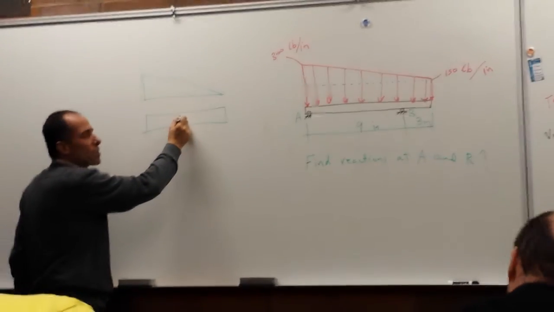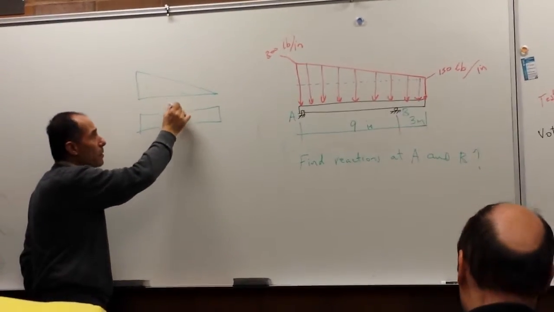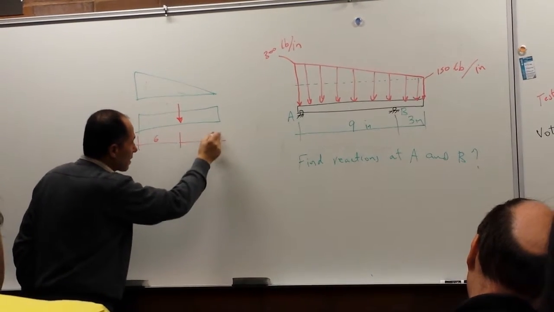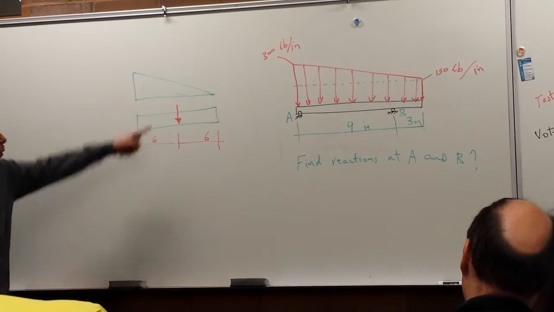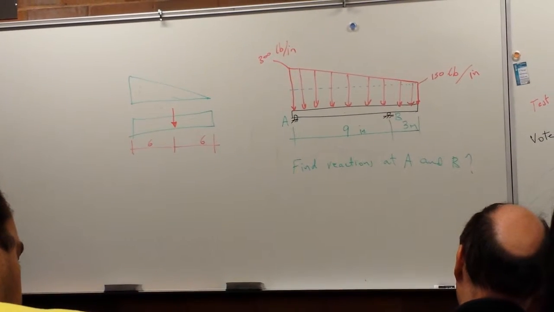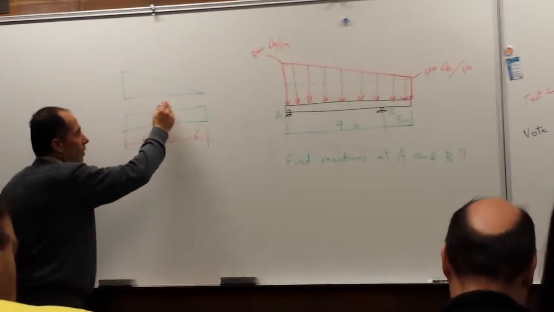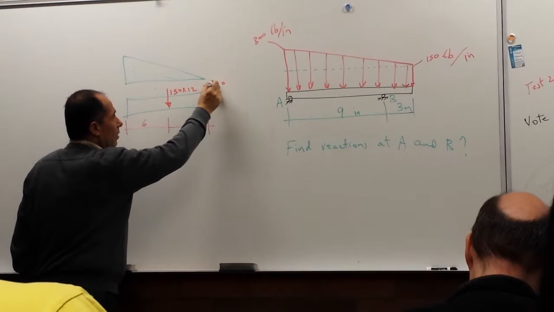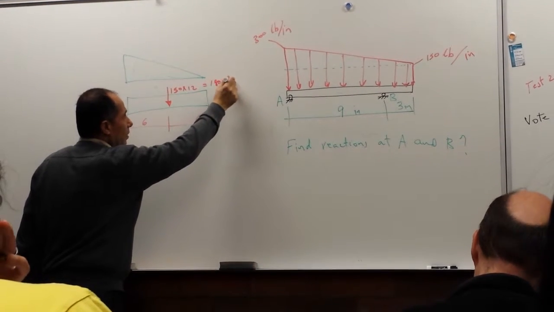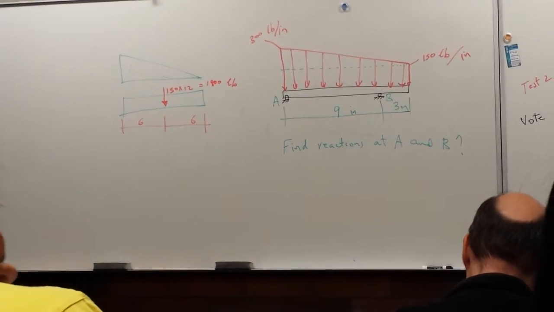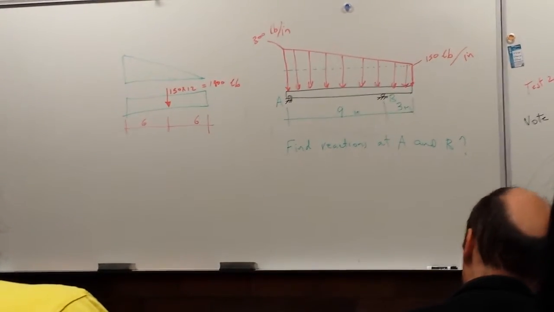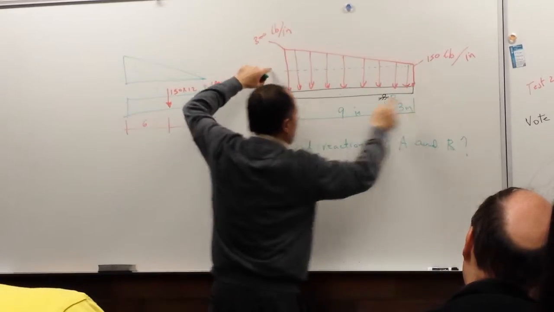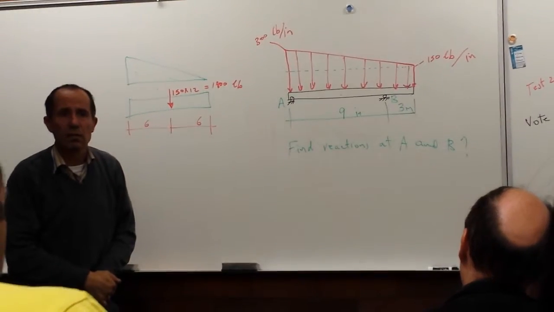Where is the force for this one? In the middle, at 6 and 6. Agree? What is the force in here? 150 times 12. The area covered here is 150 times 12 inches.